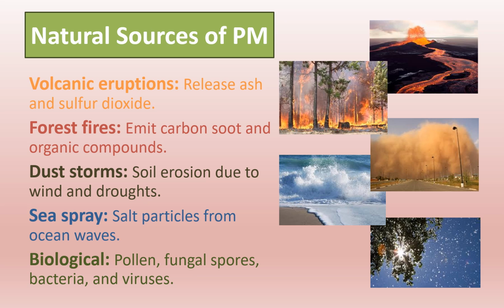Dust storms, often caused by soil erosion from wind and droughts, spread coarse particles through the atmosphere. Sea spray from ocean waves releases salt particles into the air, which can affect coastal air quality. Biological sources, such as pollen, fungal spores, bacteria, and viruses, are another natural contributor to particulate matter in the air.